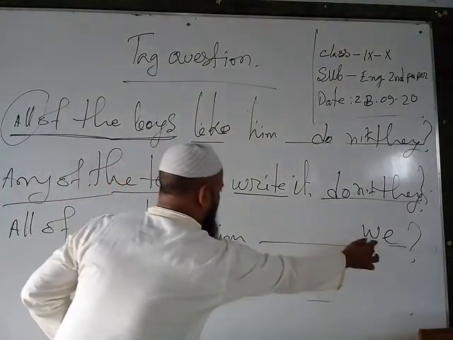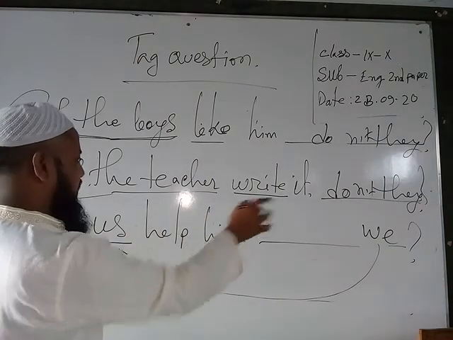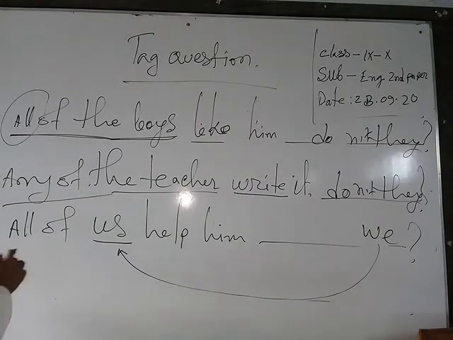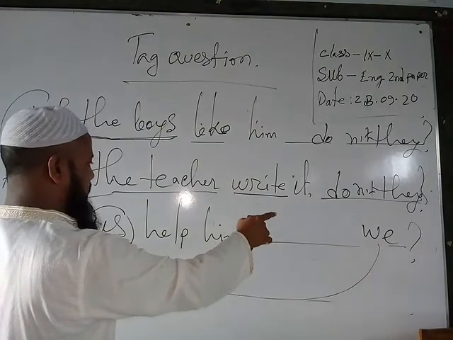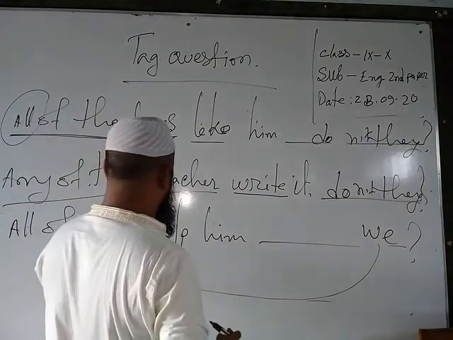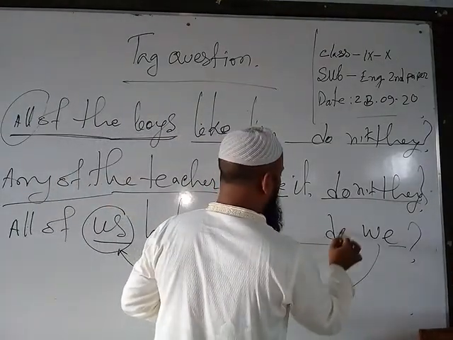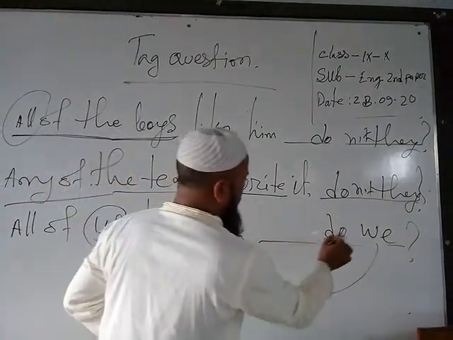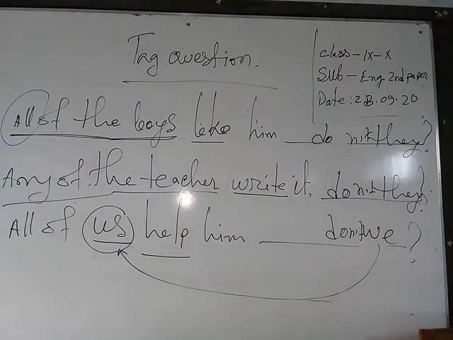We is the subjective form of us. So if the sentence starts with all of us, we use we as the subject of the tag question, and there is no auxiliary verb. The main verb is help, so we use do, and it is an affirmative sentence, so we use not. That means the final answer is don't we.